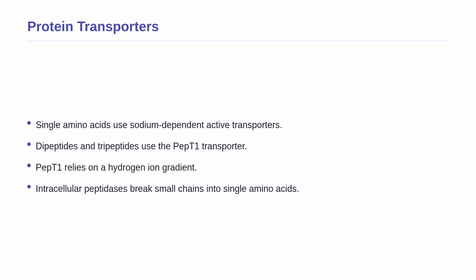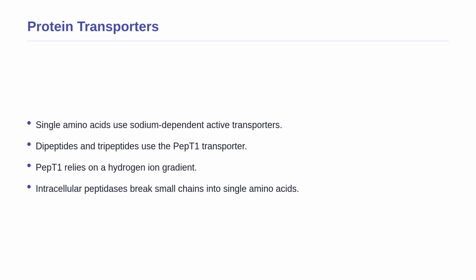Understanding why we need these building blocks, let us explore how they enter our cells. Unlike carbohydrates, which must be single units, proteins can be absorbed as single amino acids, or small chains of 2 or 3. Single amino acids use sodium-dependent transporters, very similar to glucose.